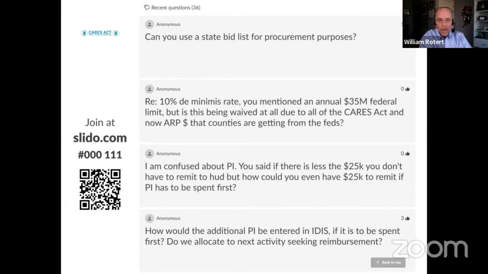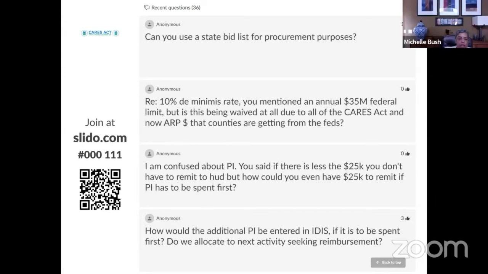Okay. How would the additional program income be entered in IDIS if it is to be spent first? Do we allocate to next activity seeking reimbursement? I think we addressed that earlier. It has to go to the next, whatever's up, whatever the next expenditure is, right? Right.